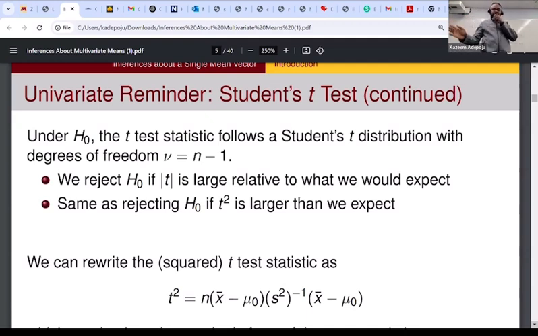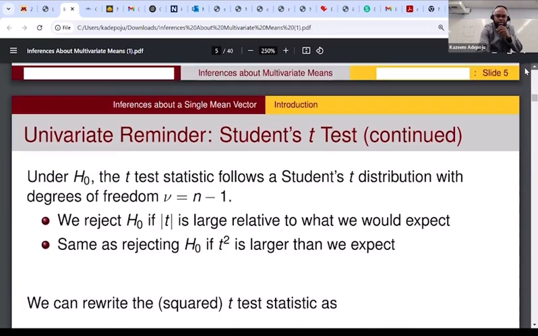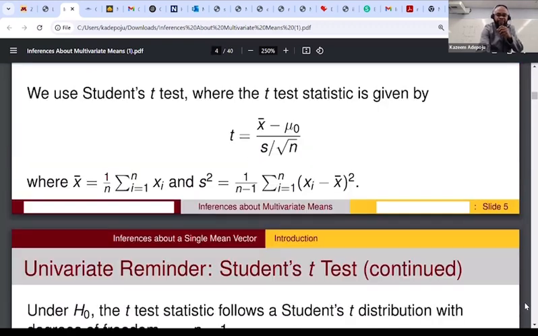If we want to do that, please pay attention. In the conventional t-test, if the test statistic value is large, I'm likely going to reject the null hypothesis.